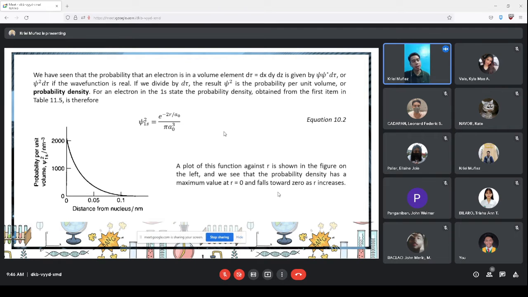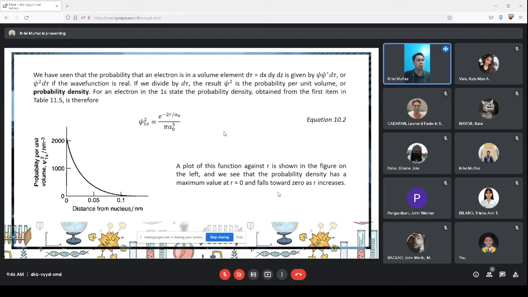So for an electron in the 1s state, the probability density obtained from the first item in table 11.5 is therefore psi 1s square. Kaya siya class, psi 1s square is, again, real naman siya. Again, as I have mentioned sa inyo before, especially for the phi equation, sa phi equation natin, meron tayong complex solution and we have the real solution.